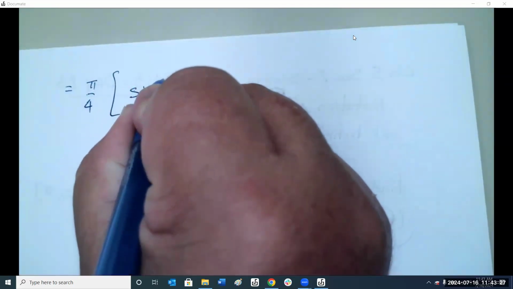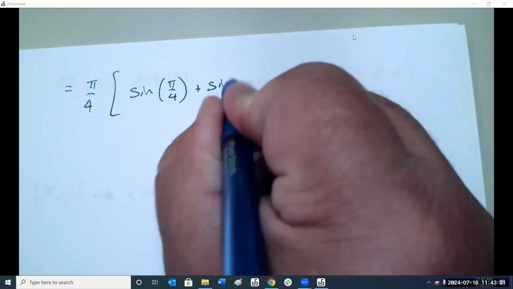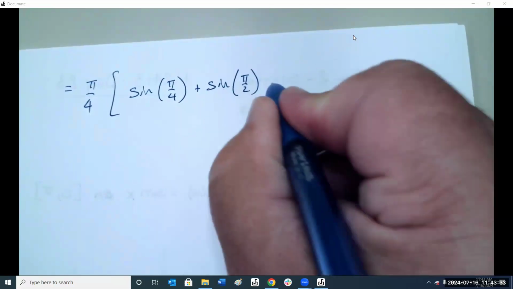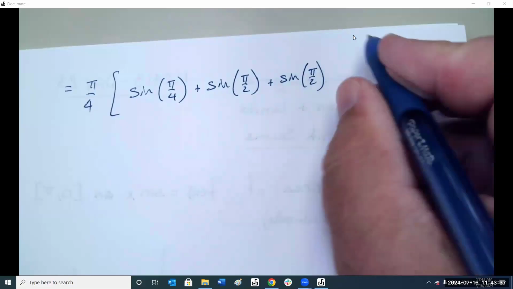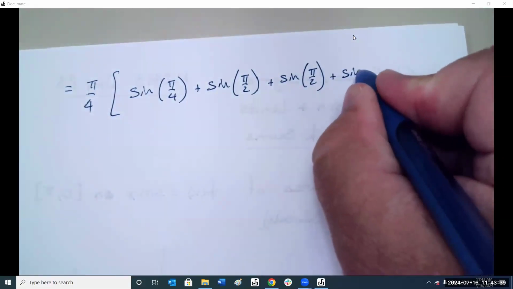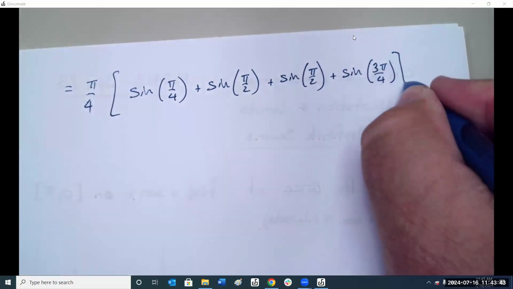Let me copy that side. So we have pi over 4 times sine of pi over 4, sine of pi over 2, sine of pi over 2, plus sine of 3 pi over 4.